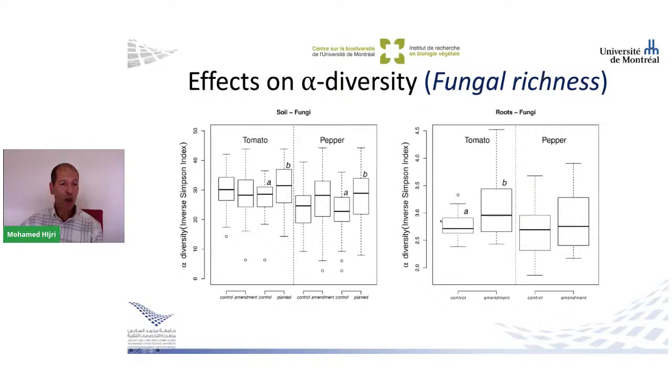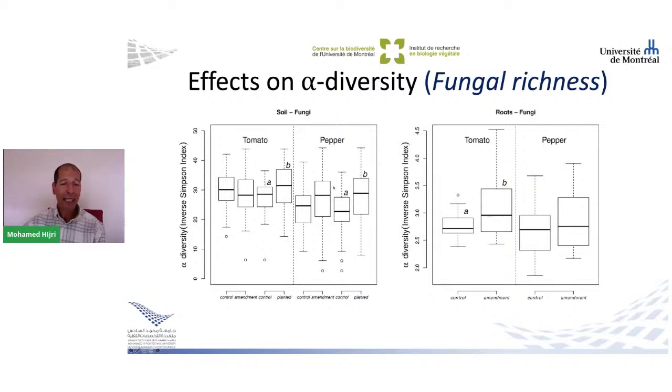Typically, for fungal soil, we have shown a significant difference when we compare the planted trays between control and amended. However, when we compared trays that were not planted, we didn't observe any significant difference for tomato nor for pepper.